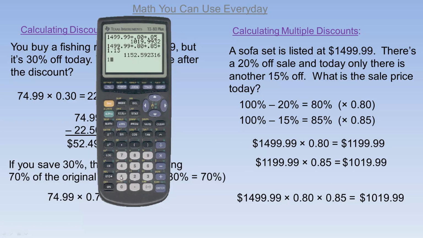And of course, I could take that and just see that will give us the same thing. Okay, so let's see, this 8 makes it round up to a 9, so $11.52.59. So if you want to add a tax directly to that, you can just multiply it by this. See, this is adding 13%. There's the 0.13 right there. So that's how you calculate discounts, a shortcut for doing that.